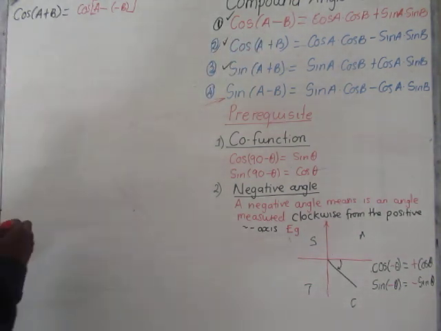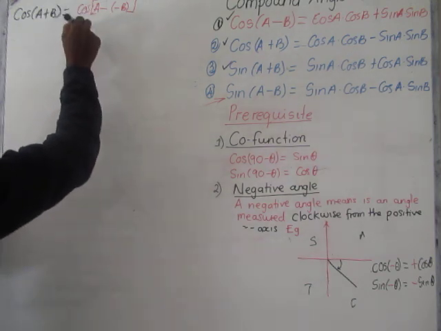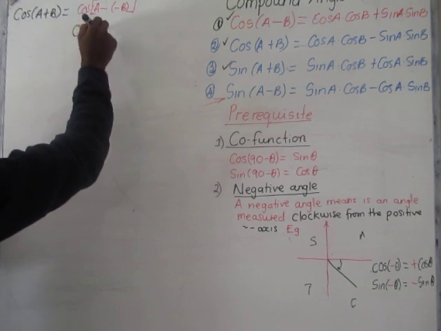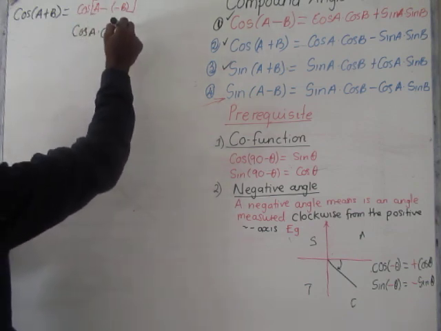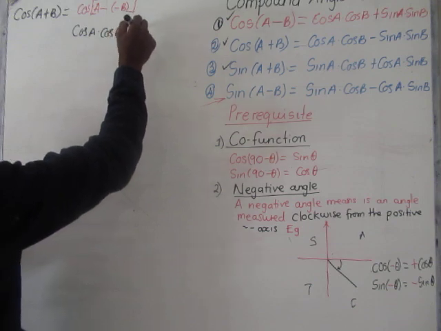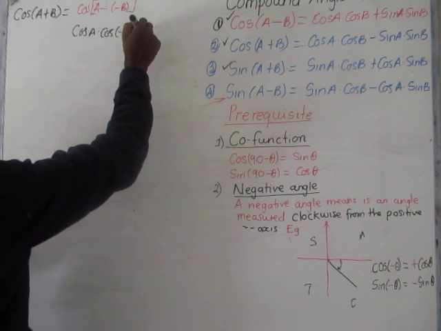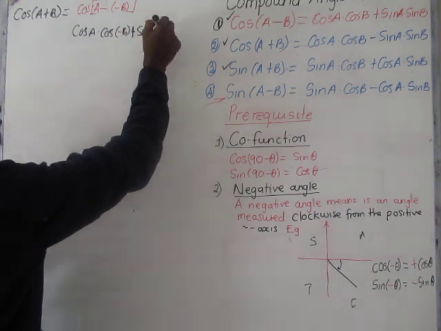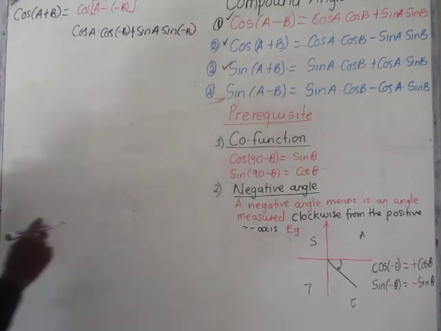We know this can be written as cos A times cos(−B) plus sin A times sin(−B).